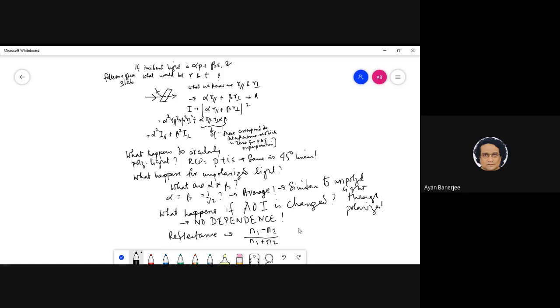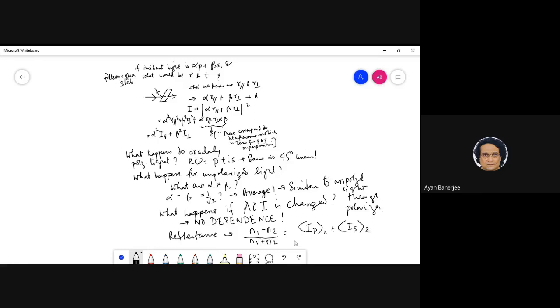I don't know actually. The reflectance will surely be this, but because all the possible angles are going to be summed over, maybe we should get some kind of an average. Due to reflection, there will be no change in polarization, right?